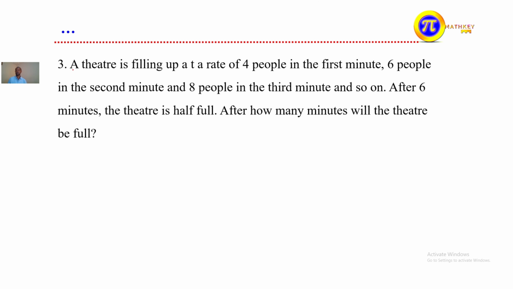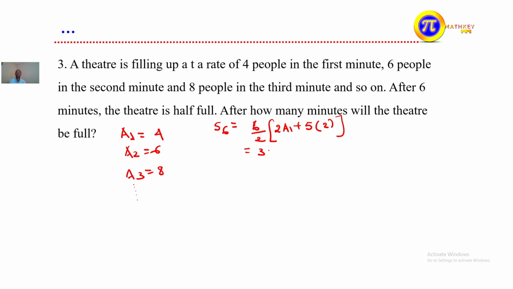Now let us consider the next one. A theater is filling up 4, 6, 8 and continues like this, so it becomes an arithmetic sequence. a1 is 4, a2 is 6, a3 is 8 and it continues like this. After 6 minutes the theater is half full, so S6 is the sum: 6 over 2 times twice a1 plus 6 minus 1, that is 5, times the common difference 2.